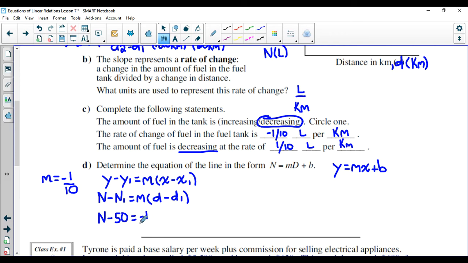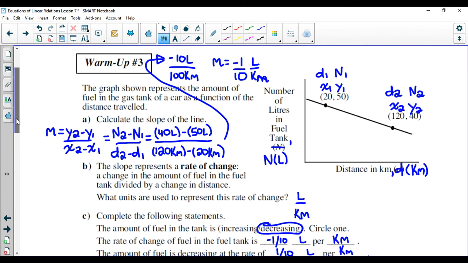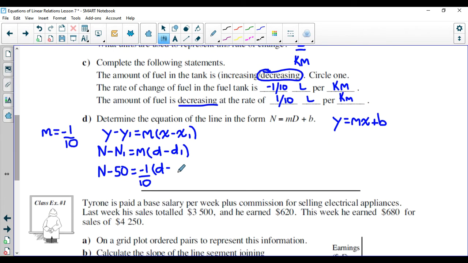This would be equal to the slope, which we determined as negative 1 over 10. And then d minus d1 would use the x coordinate of point 1, and that's going to be 20. So we subtract 20 here.